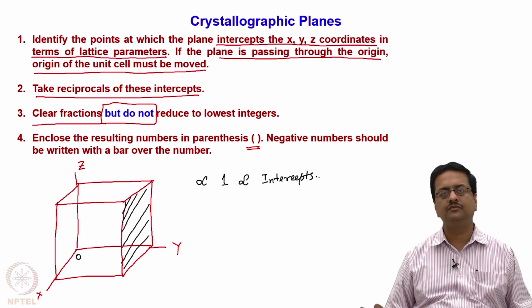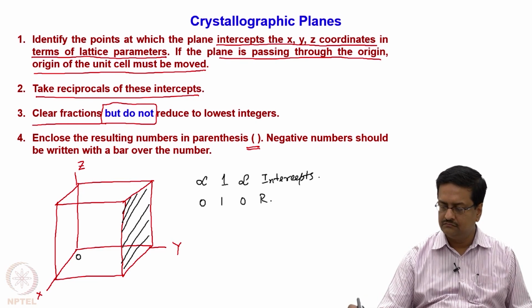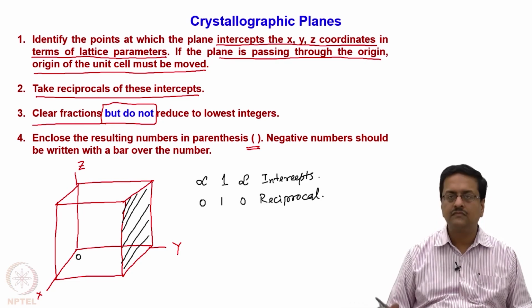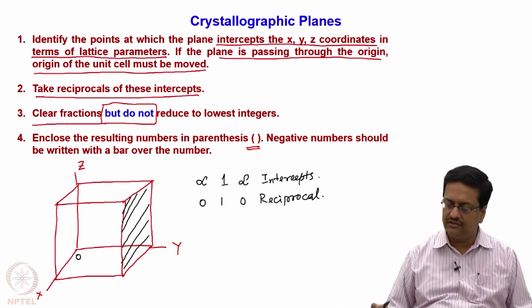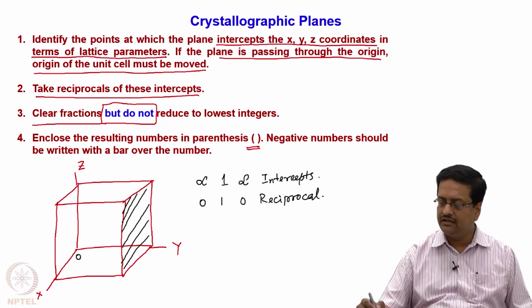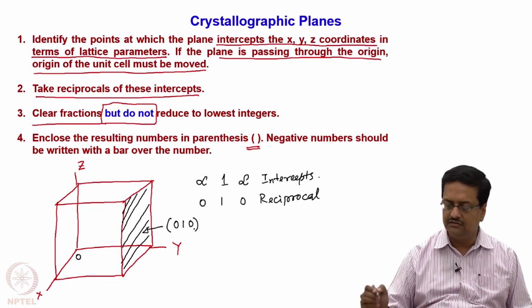So if I take reciprocal of these intercepts, I end up getting 0, 1, 0. There is no fraction to be cleared, there is nothing to be reduced or anything. So the Miller indices for that plane is (0 1 0).